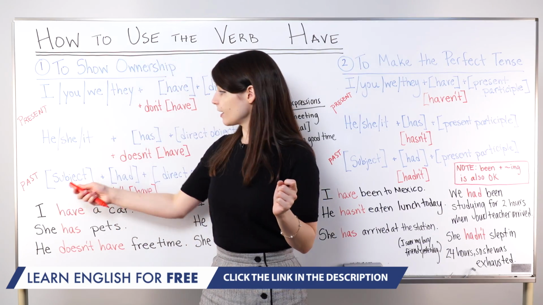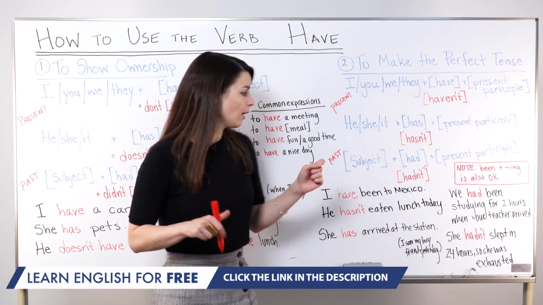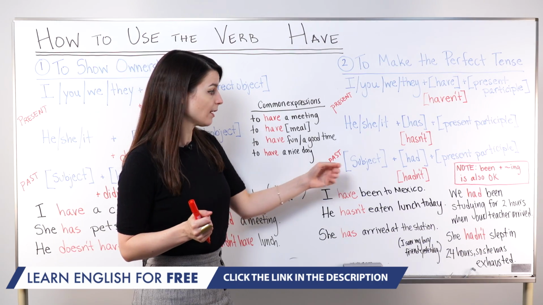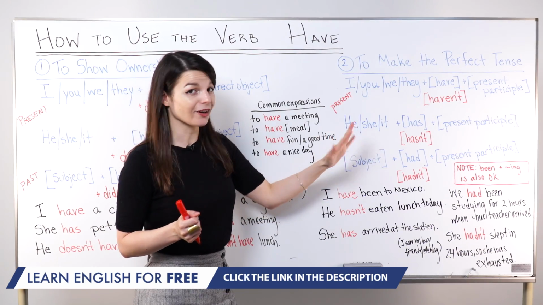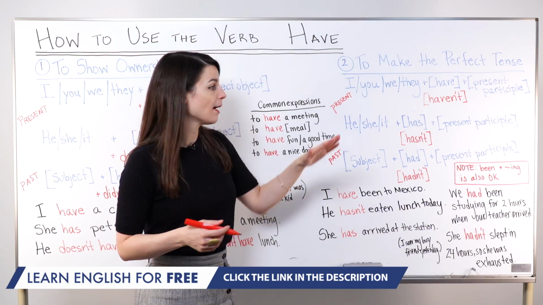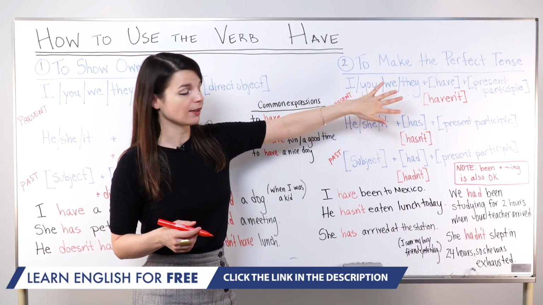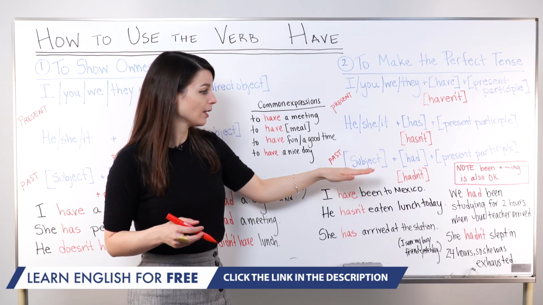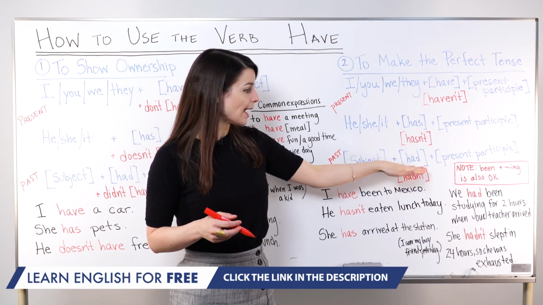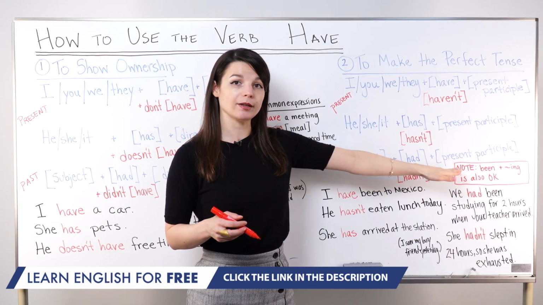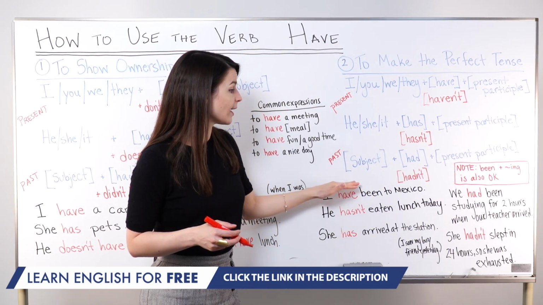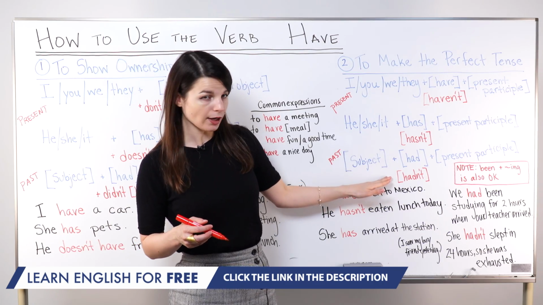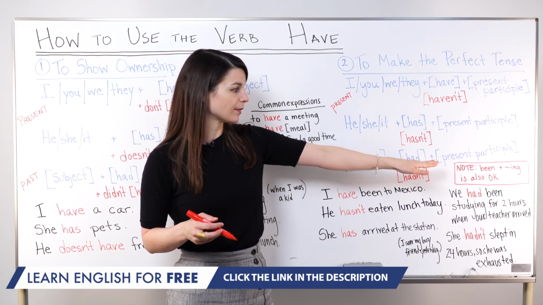So just as we talked about in part 1, with the past form of the perfect tense, past perfect tense, we don't need to be worried about different subjects here. All of these will use the same pattern. Subject plus had plus participle, or to make the negative, subject plus hadn't, which is had not, plus participle.